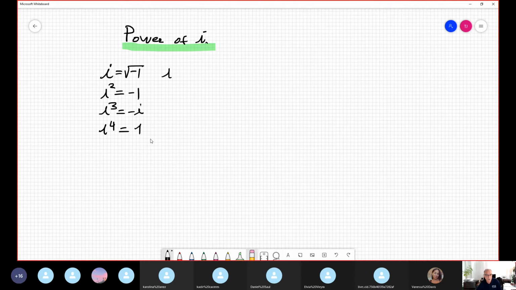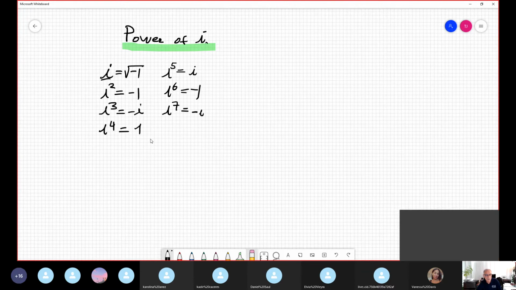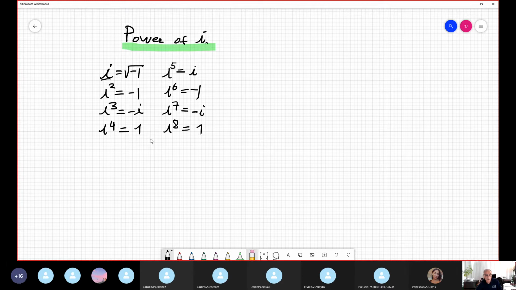To the 5th power, the pattern is repeated exactly like that. I to the 6th is negative 1. I to the 7th is negative I. And I to the 8th power is 1. And so on. Let me repeat one more column. After, I want to explain the formula for any power.